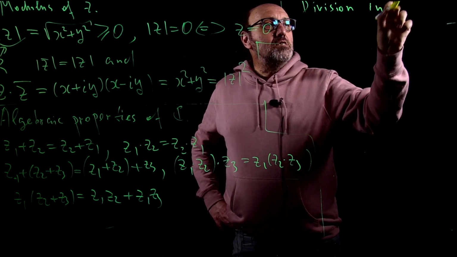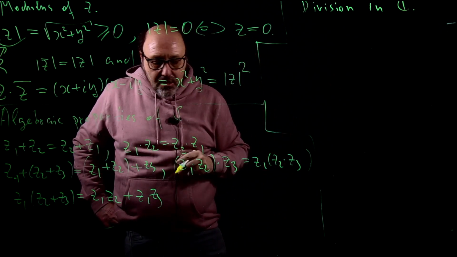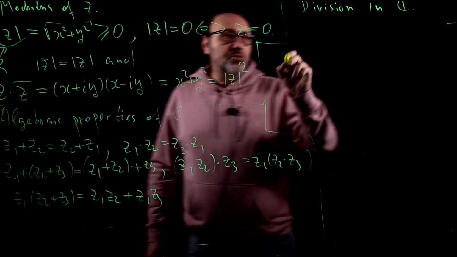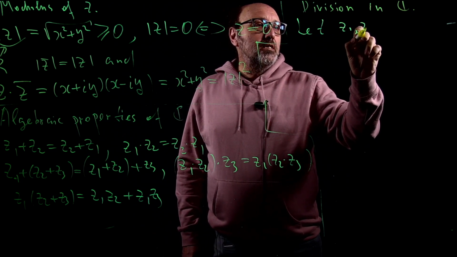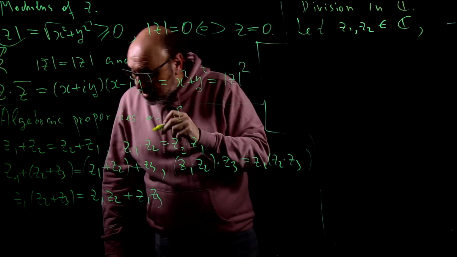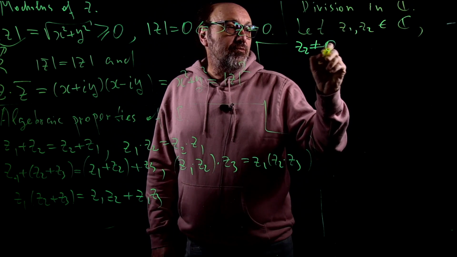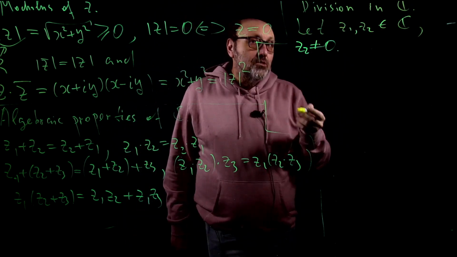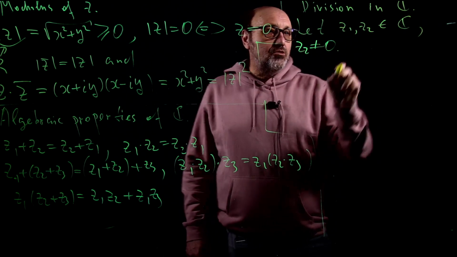Well, we also need to discuss the division in C, and as usual, how to define the division. So let Z1 and Z2 be two complex numbers, and I suppose that Z2 is different from 0. So what is the quotient of Z1 and Z2?